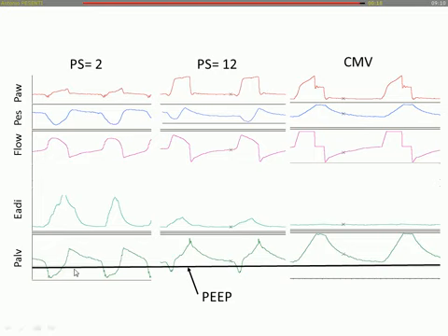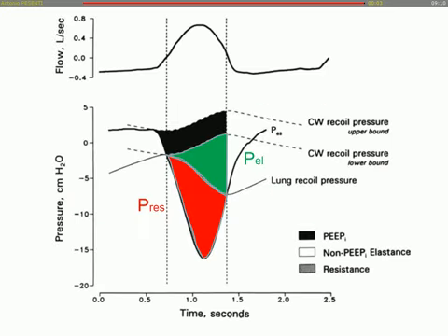There you can see that if you measure or compute the alveolar pressure, the lower the support, the bigger the drop in alveolar pressure. This drop, in red, is obviously due to the resistive component.